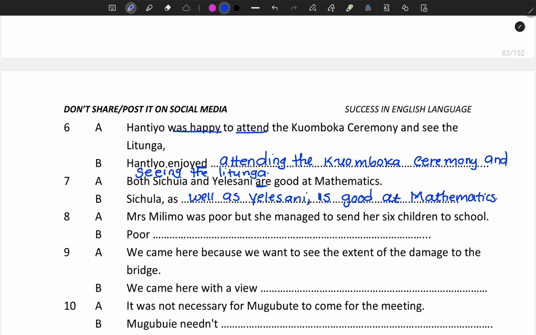Number 8. Mrs. Millimore was poor, but she managed to send her 6 children to school. Begin poor.